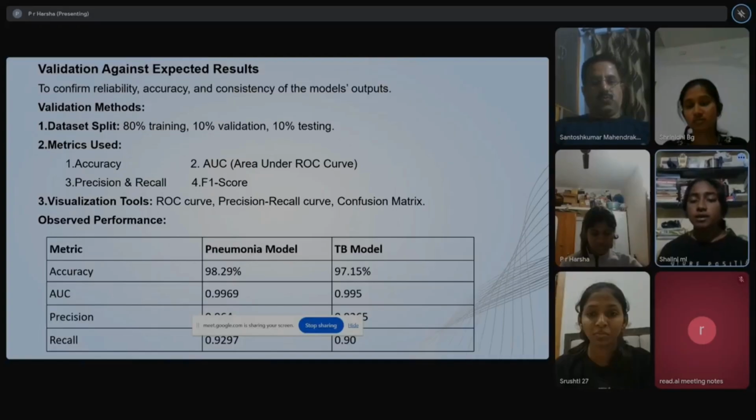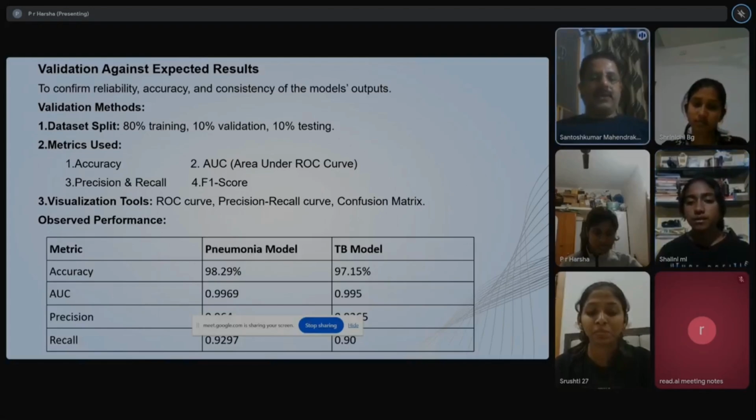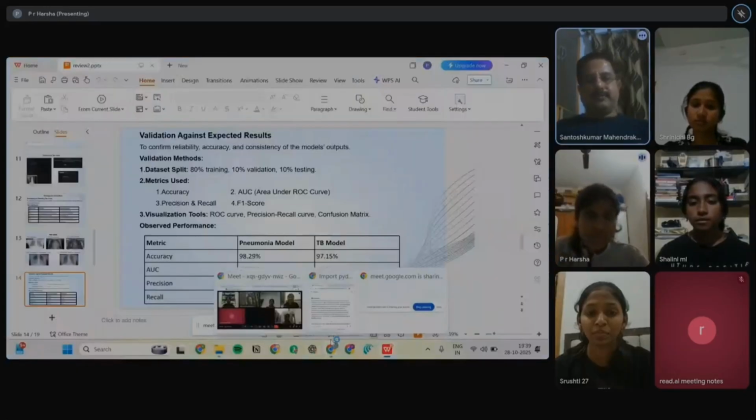If the AUC value is 1, then it is fully confident about that prediction. If it is lower than 0, it is the worst case. Harshita, can you show me the ROC curve with an image or an output and explain to me what is ROC and what is AUC? Okay, sir.